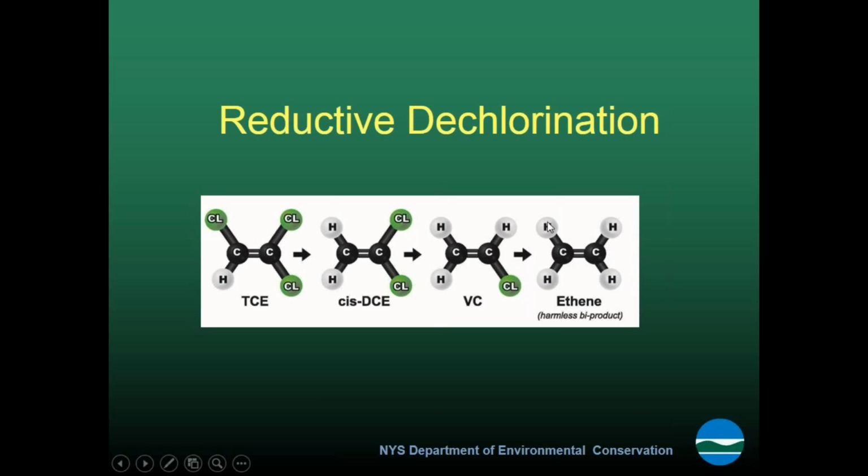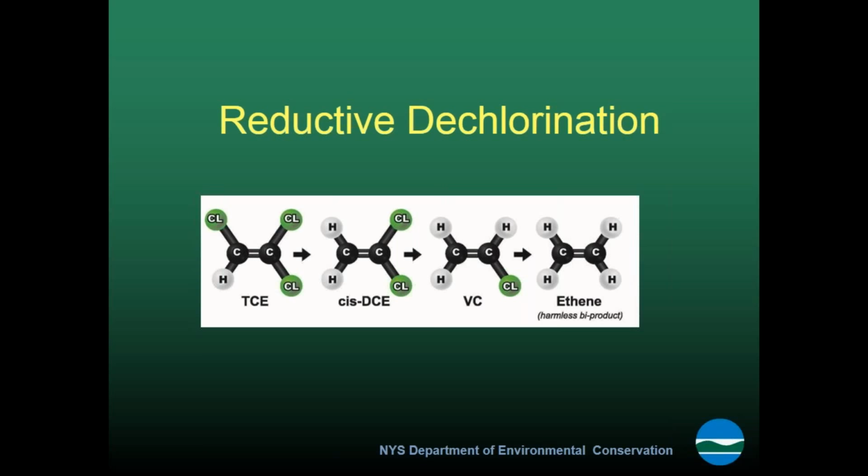And early on, we weren't monitoring the ethene production, and we assumed that if you weren't seeing a significant amount of vinyl chloride, you weren't getting full reductive dechlorination. But in the last 5 years or so, people have increasingly been looking at ethene to evaluate the effectiveness of reductive dechlorination, and we've definitely learned something from that analysis.